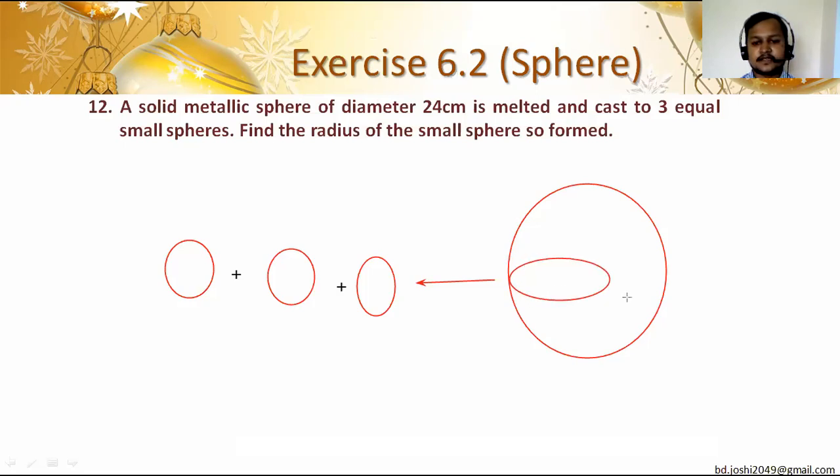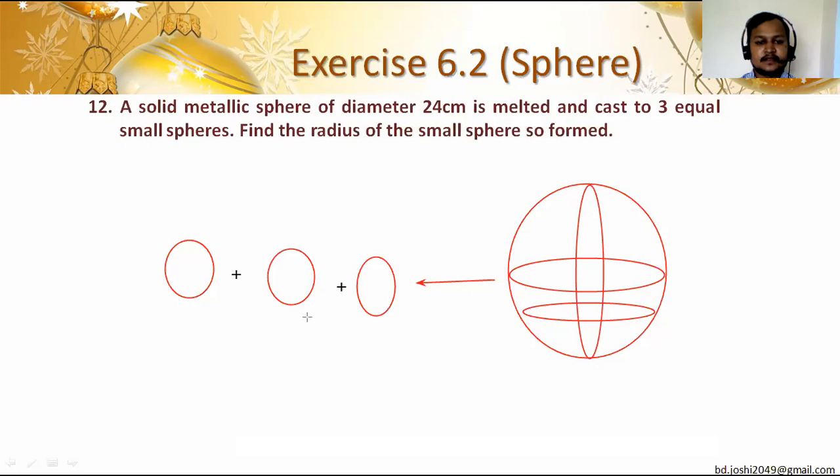After finding the volume of this big sphere, divide that by 3 because it is divided into 3 equal parts. And after dividing it by 3, now use the formula of volume of the small sphere.